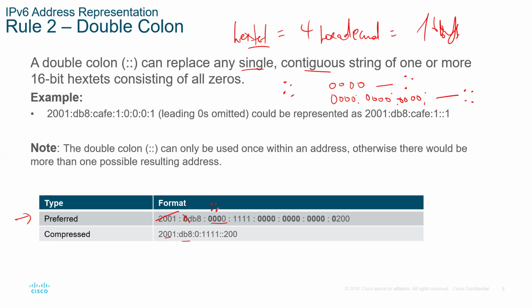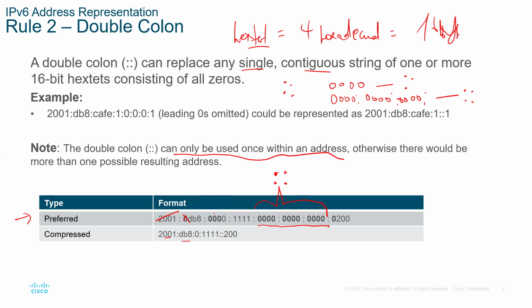However, a double colon can only be used once within an address. So you must choose wisely where to use it. Using it here is not wise, because we have a continuous string elsewhere. It is much wiser to put the double colon where there is a continuous string.